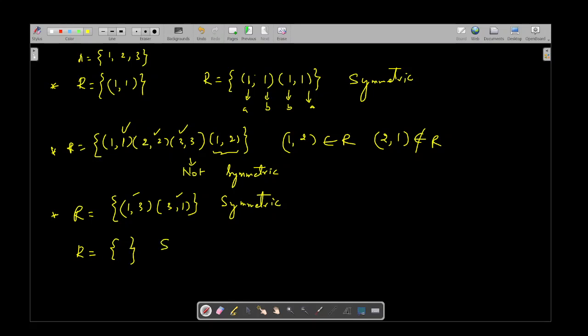We know that an empty relation is always symmetric, because there is no element (a, b) in R, and there is no need to check for (b, a), so it is symmetric. In the next video we'll discuss one more type of relation, that is transitive. Thank you.